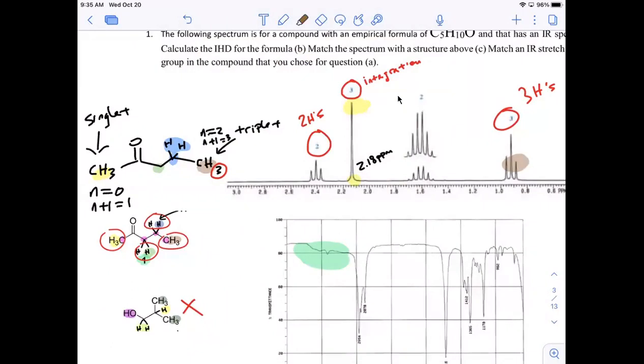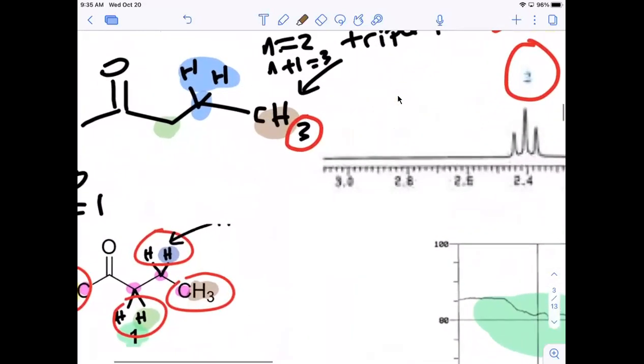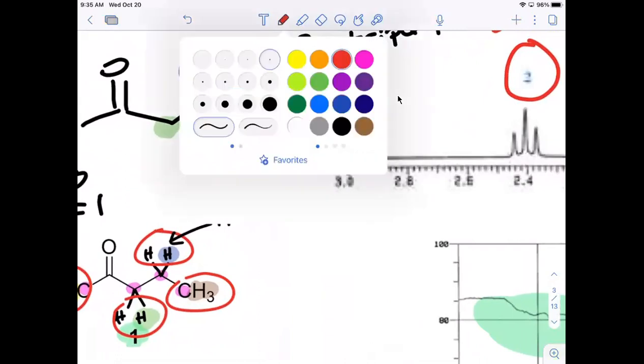Yes, sir. All right. So we got those 2 signals matched up. Now which one do y'all want to do now? The blue protons, or you want to do the green one? The blue. All right.